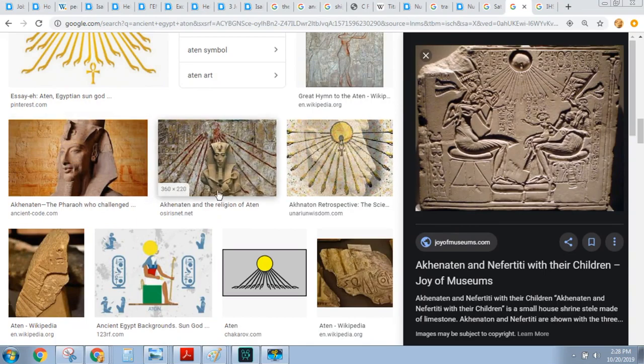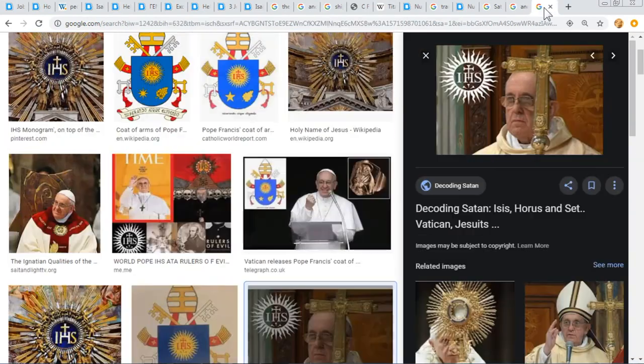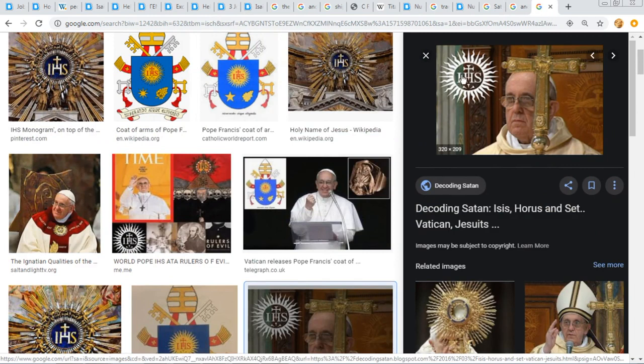So Akhenaton is said to be the inventor of monotheism, and you see it, they brought this Aton over here with the IHS. This is your spelling for Jesus, IHSOUN. So these three spikes here represent Sumerian writings.